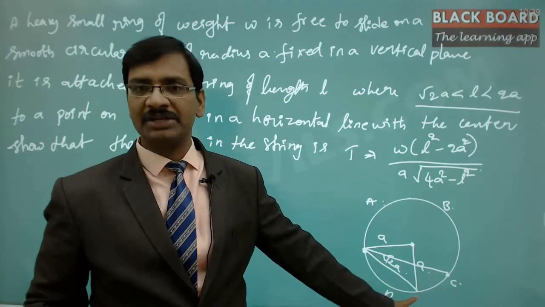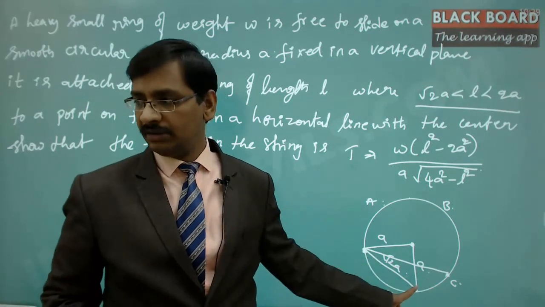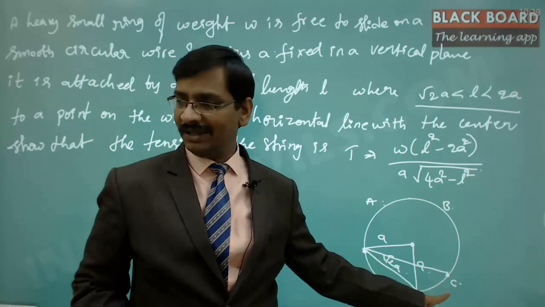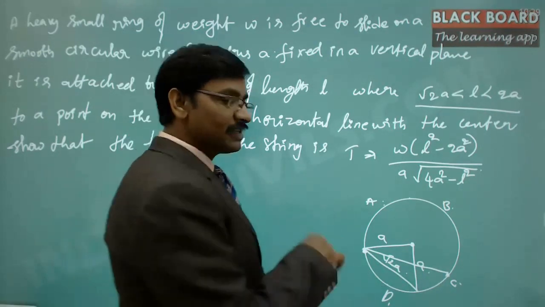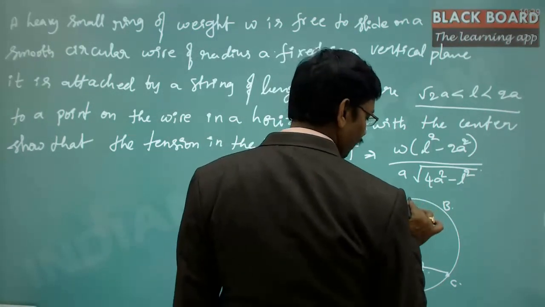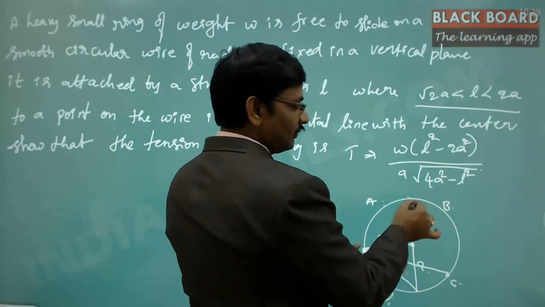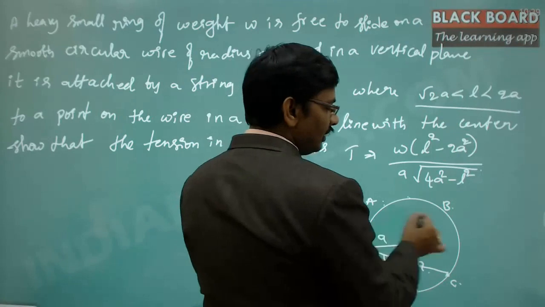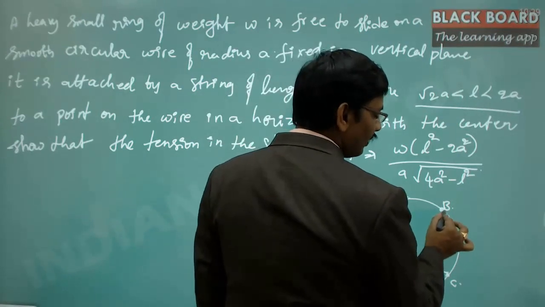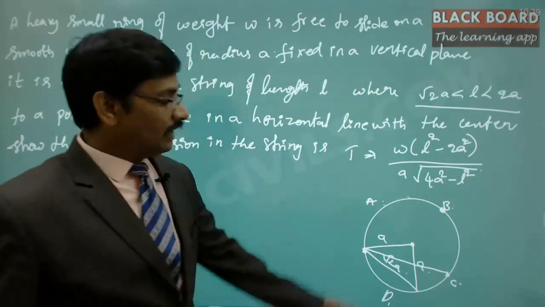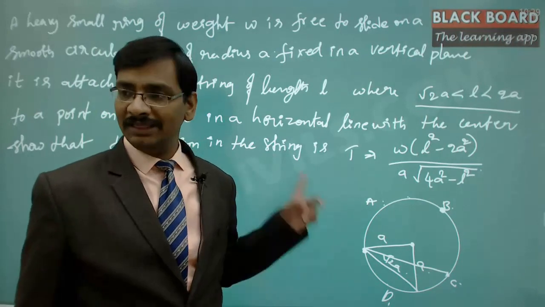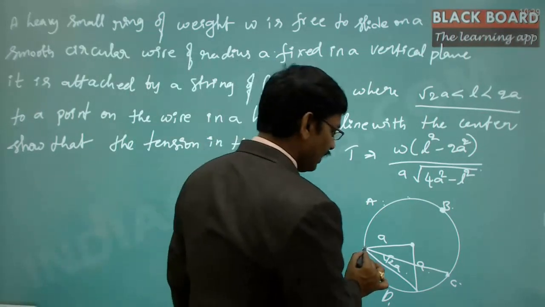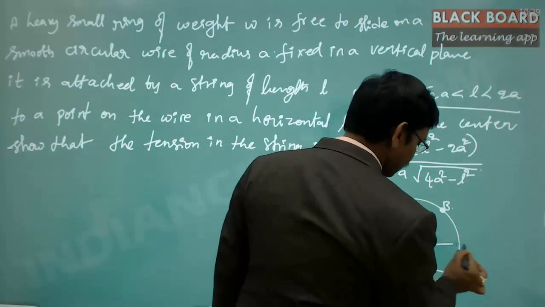So there won't be any tension developed in this string, if I try to fix at C. Suppose I fix the string at this point, then due to the length of the string and the possibility of sliding on the other side, obviously it will come here and stay. Why it will stay at this point is that the length of the string is greater than this length and less than this length.